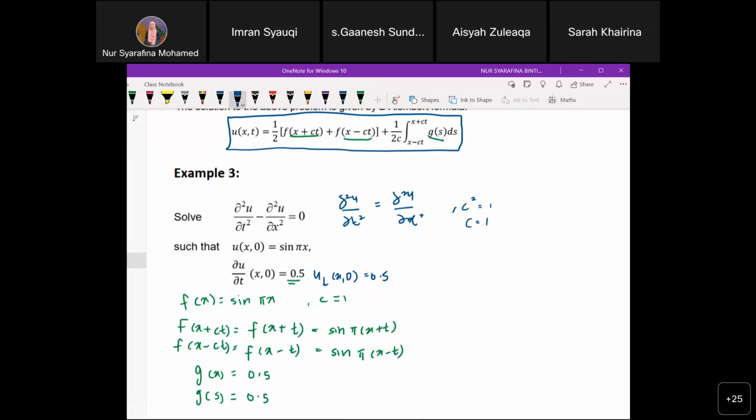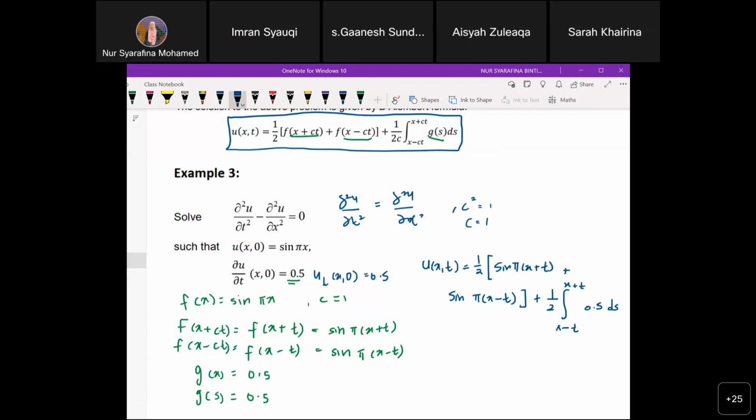To find u(x,t), you have 1/2 [f(x + ct) + f(x - ct)], which is sine pi (x + t) plus sine pi (x - t), plus 1/(2c), which is 1/2, times the integral of g(s) from x - ct, which is x - t, to x + ct, which is x + t. g(s) is 0.5, integrated with respect to s.